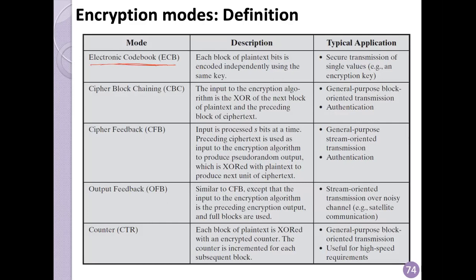Also we have cipher block chaining, where we chain consecutive blocks, which is better in terms of security and a little bit more complicated. We have cipher feedback, output feedback, and counter mode, that we'll be talking about in detail and analyzing in terms of security.